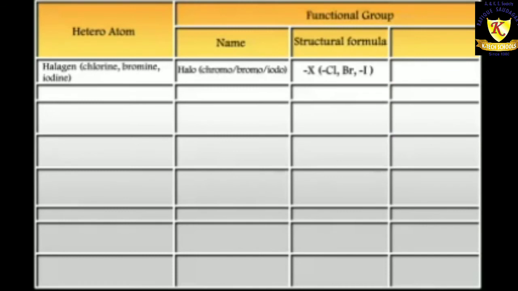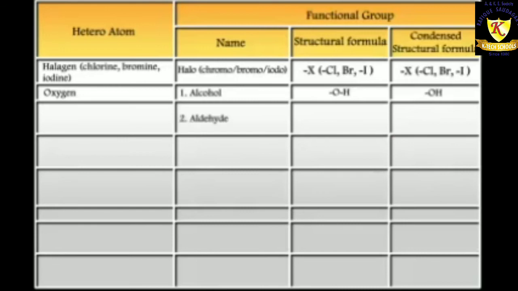Structural formula is X: Cl, Br, I, and condensed structural formula is X: Cl, Br, I. Oxygen is the heteroatom, where in functional groups we have first alcohol, whose structural formula is OH, and condensed structural formula is OH. Second, we have aldehyde.